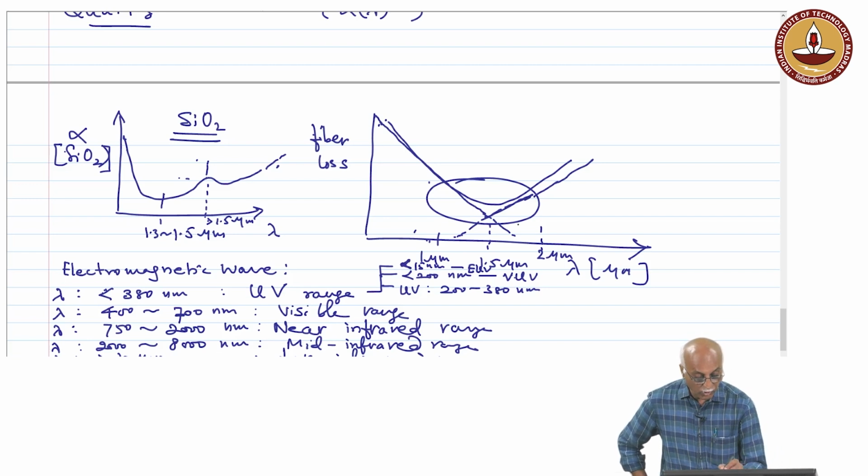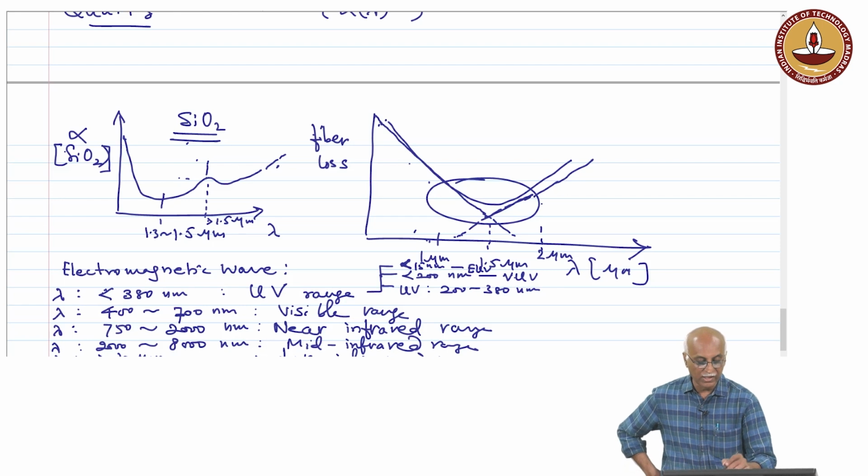In the case of optical fiber, we will be fine with SiO2 fiber when we are operating in the wavelength range from slightly nearer to the visible, 700 to 800 nanometer, to 1.5 micrometer or 2 micrometer. Losses are less compared to when we work in the UV range or the infrared range, where the losses are large.